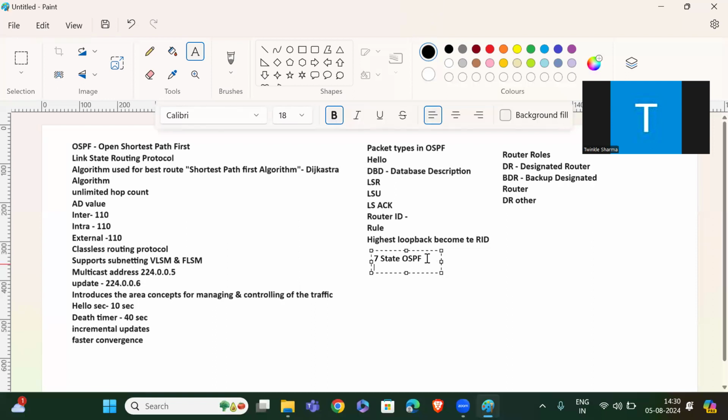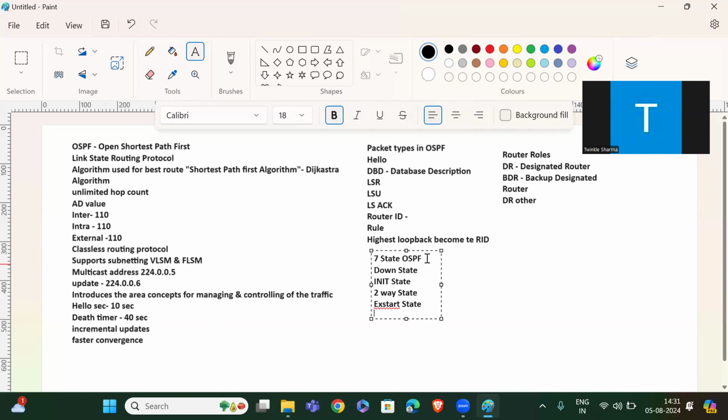First is the down state. Second is init state. Third is two-way state. Fourth is ExStart state.